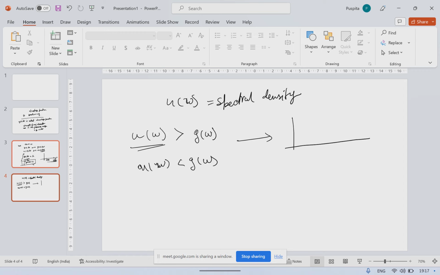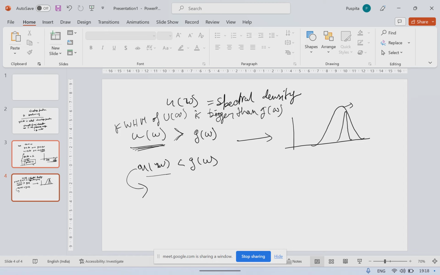When we say u omega is broad, it doesn't mean that its value is greater than g omega. It means that the FWHM of u omega is bigger or wider than g omega. Compared to g omega, u omega is broad, and this means compared to u omega, g omega is narrow.